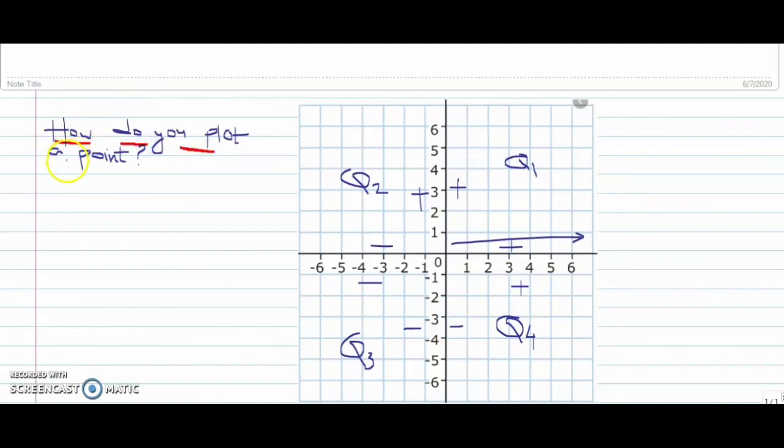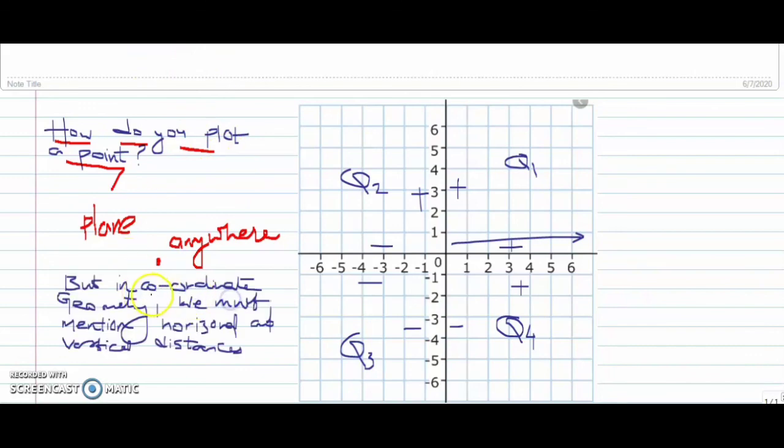Now, how do you plot a point? In plane geometry, normal geometry, it's very simple for us to mark a point. Do you know what is a point? A point is a mark which is formed with a sharp edge. So in plane geometry, just mark a point anywhere on the plane surface, and there we don't have any constraint.